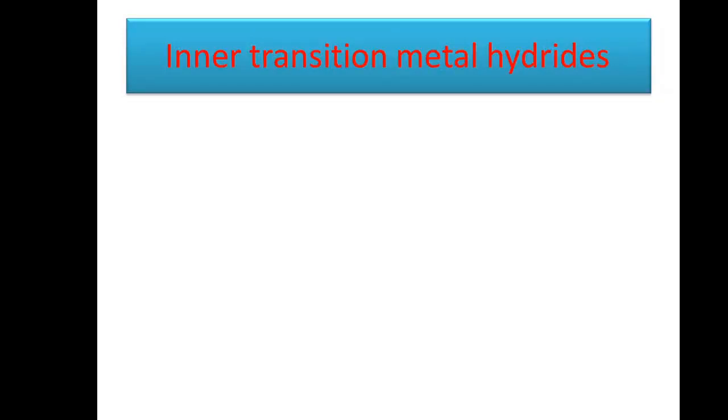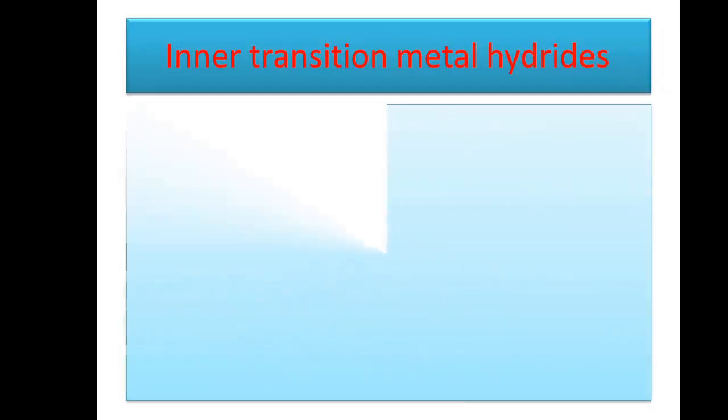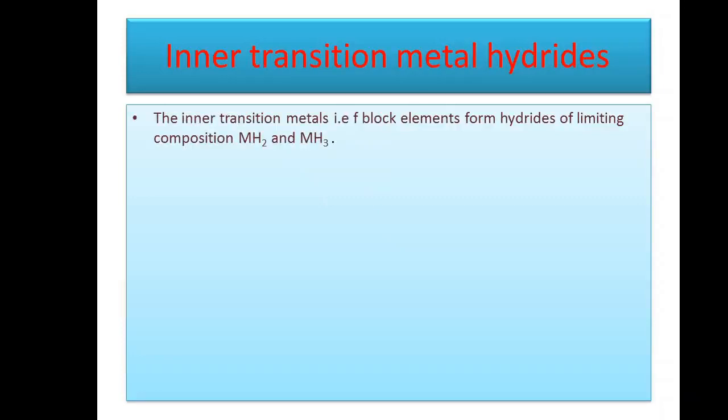Inner transition metal hydrides. The inner transition metals, that means f block elements, form hydrides of limiting composition MH2 or MH3.